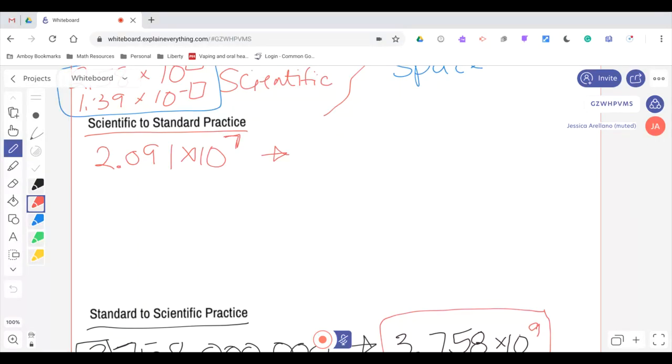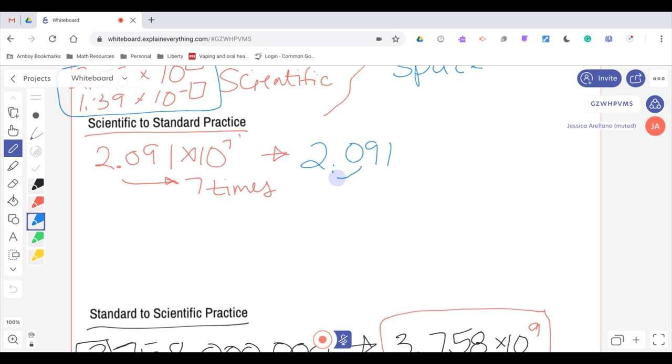Sorry, it's a very terrible 7. 10 to the 7th. Okay. What that means is because it's a positive exponent, I'm going to be moving the decimal this direction 7 times. Some people like to rewrite it out, and I'm going to show you what it looks like.